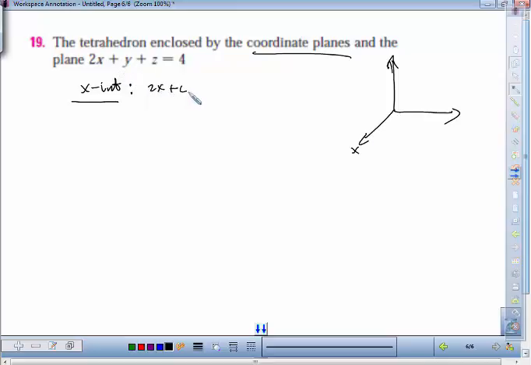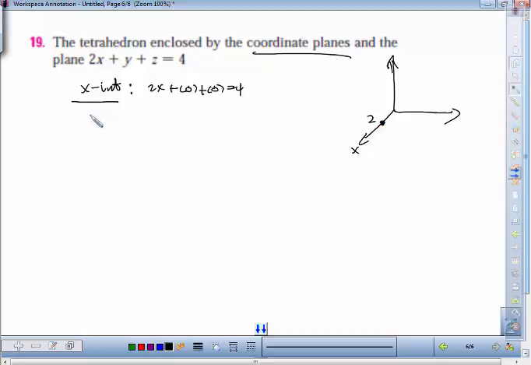2x plus 0 plus 0 is equal to 4. So if you set y and z equal to 0, you're going to get x is equal to 2. So that's going to be your x-intercept.